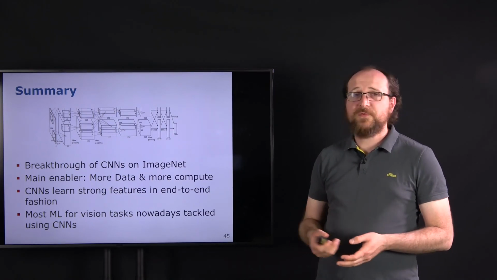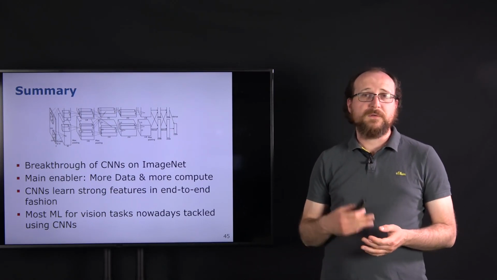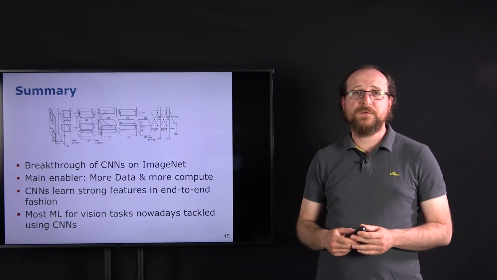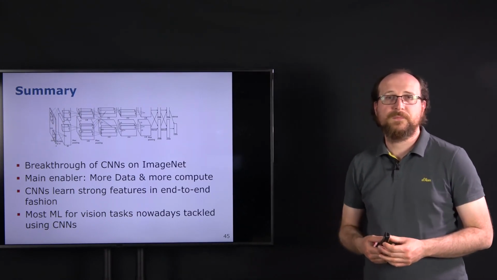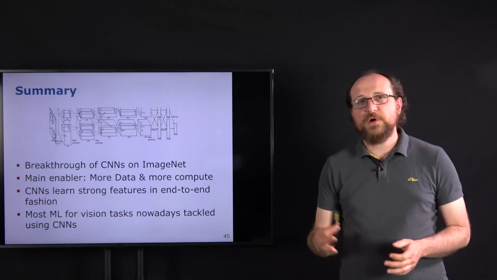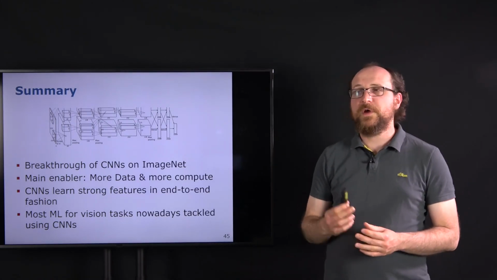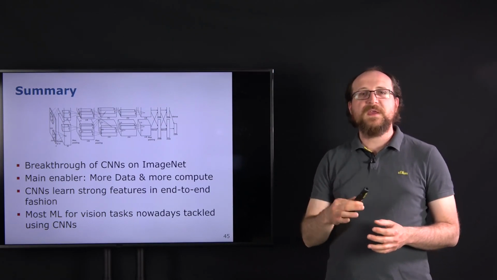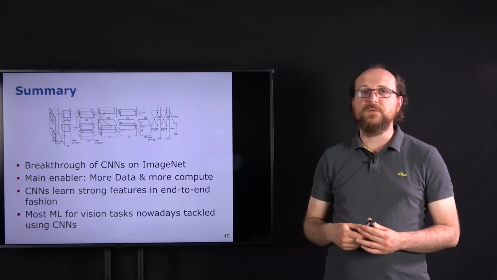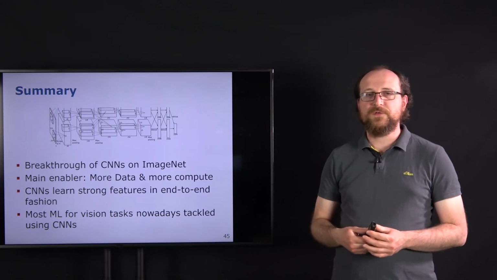Basically, all approaches that came afterwards and submitted solutions to the ImageNet competition were using convolutional neural networks. And we will also talk about these and the main design patterns or main parts that are also nowadays used for solving vision tasks.